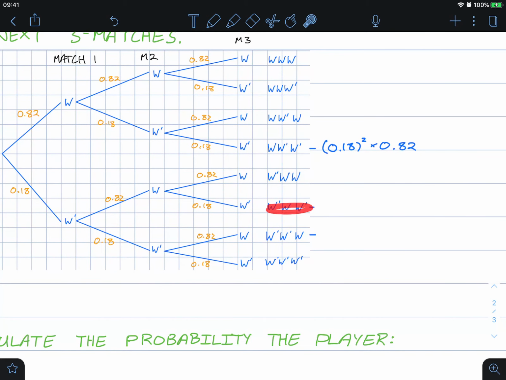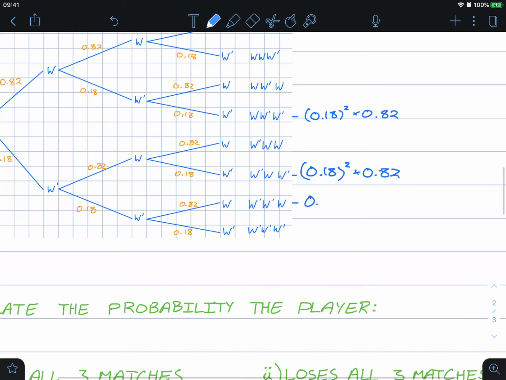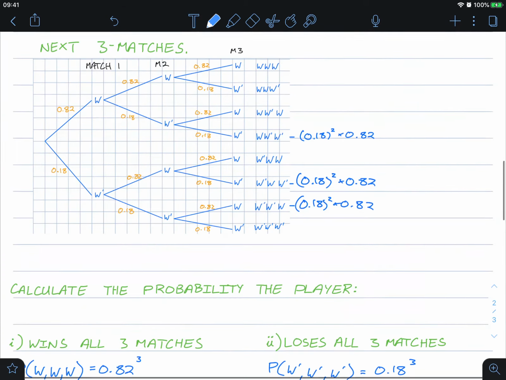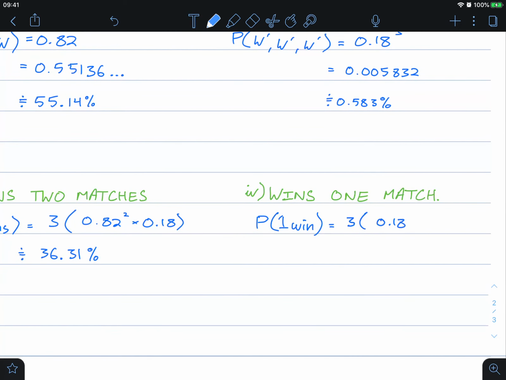And I think you're going to see that's going to be the exact same thing here. To get to this path, we go 0.18 times 0.82 times 0.18. And obviously the last one is going to be the same for this. And then we calculate the probability of 1, and then we add those up. So this is the same as 3 lots of 0.18 squared times 0.82.